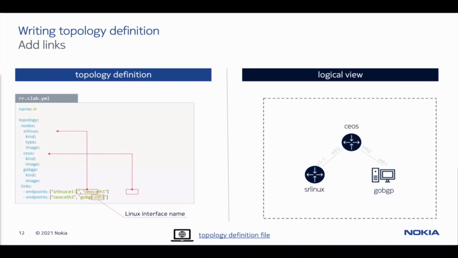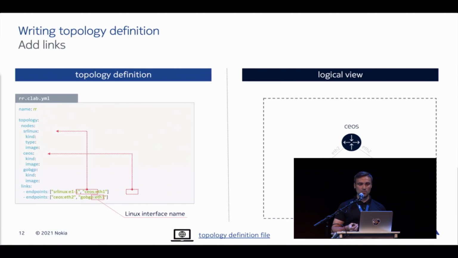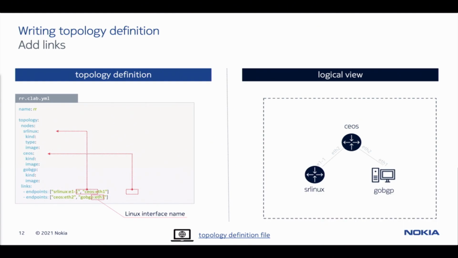Now it's time to add those links. To add those links, all it takes is just 3 lines. You have a links section in the YAML file where you say, my endpoints are, and I'm not sure why the markings are off, but yeah. So the first one says, I want to connect SR Linux interface e1-1 to the cEOS node interface eth1. And you see this will be the link between those two interfaces.